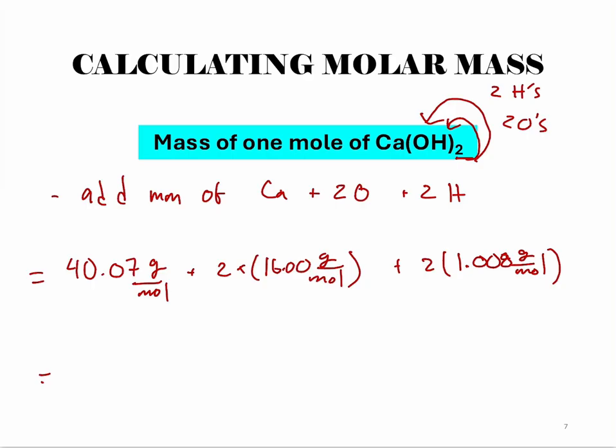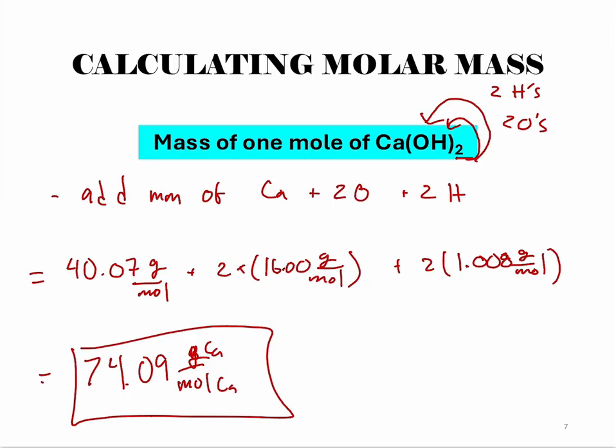I actually added a negative sign. Plus 2 times 16.00 plus 2 times 1.008. We should get 74.09 grams per mole calcium. All right, this is our molar mass of the molecule itself.